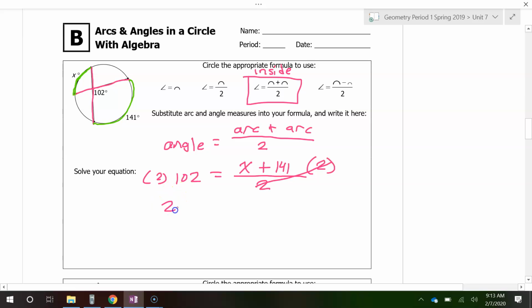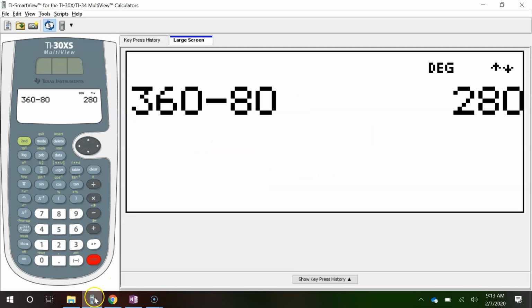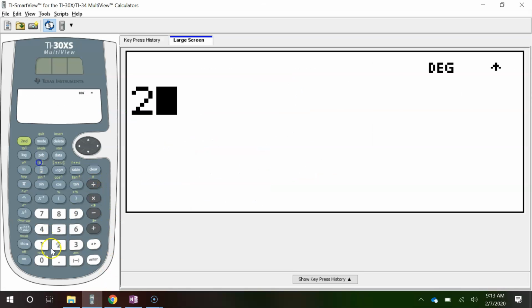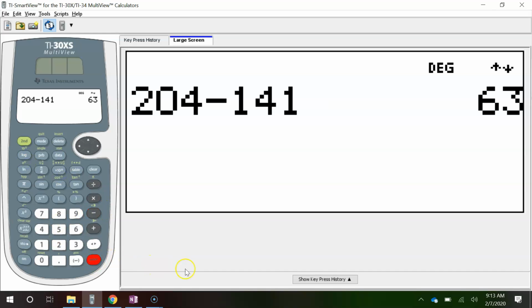So that'll give us 204 is equal to x plus 141. What's the next step? Subtract 141 from both sides. So that's 63.